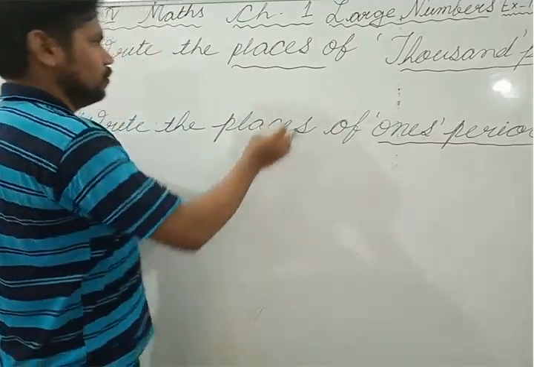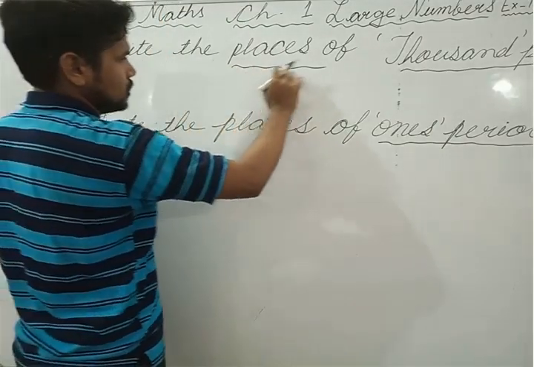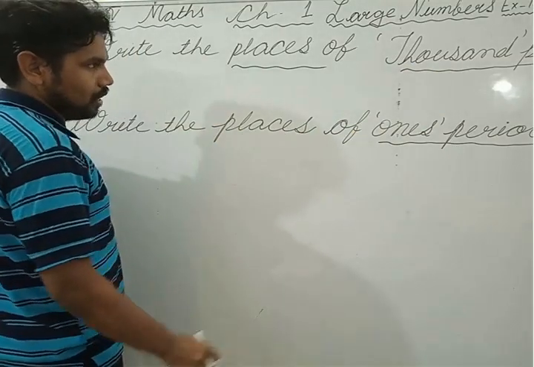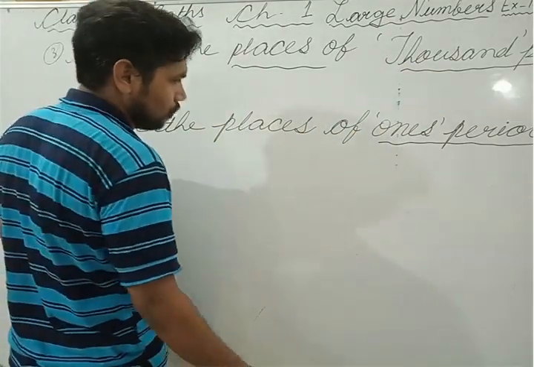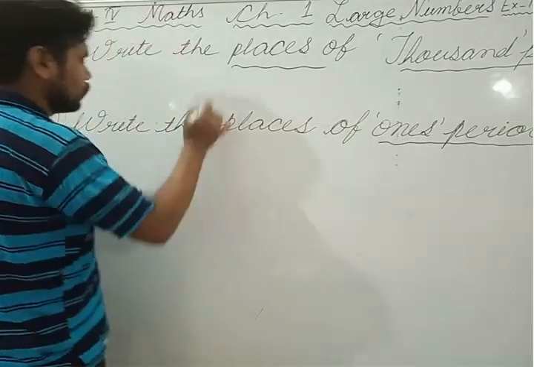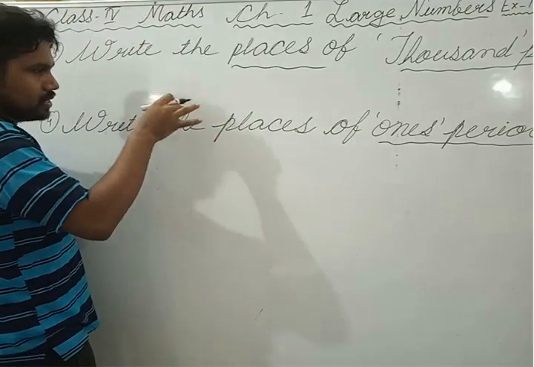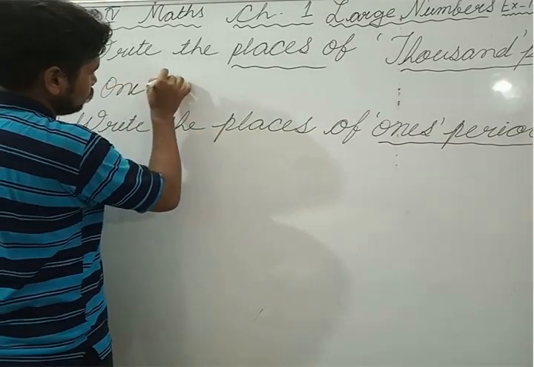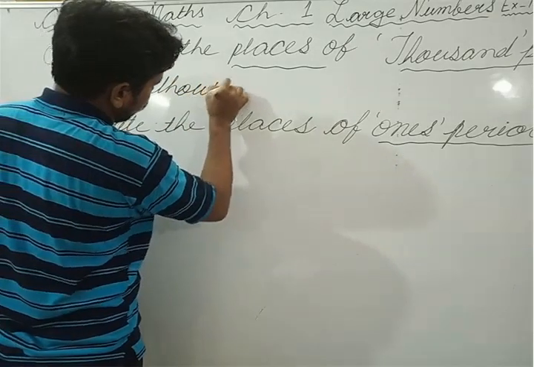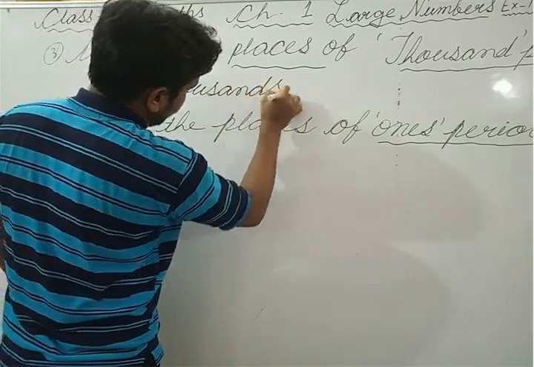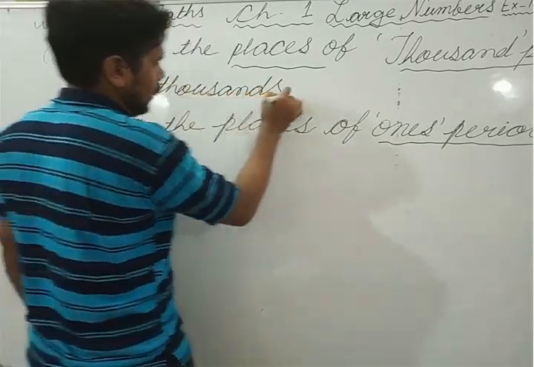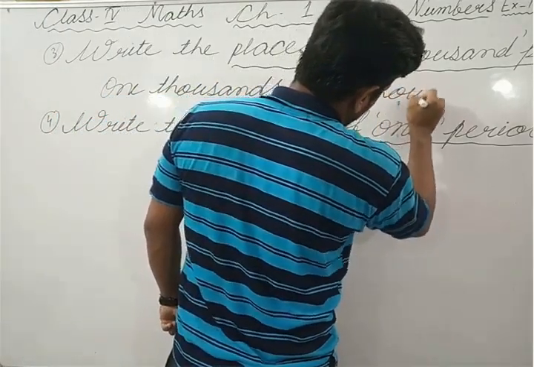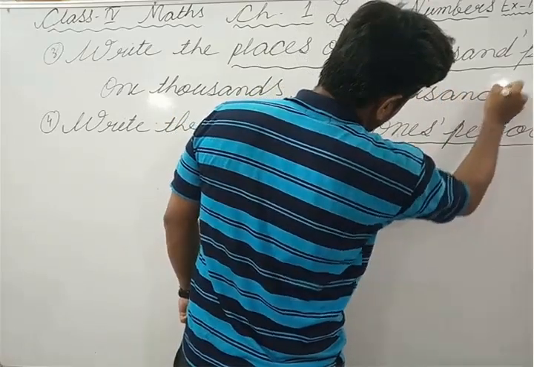Here it is first talking about writing the places of the thousands period. In the thousands period we have thousands and ten thousands.